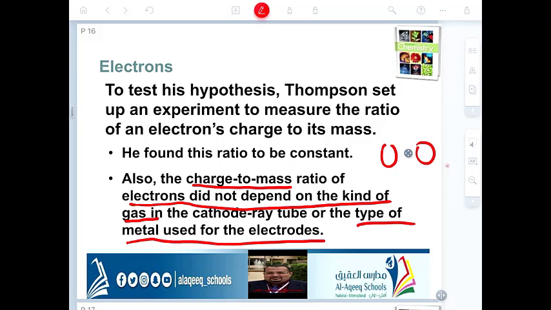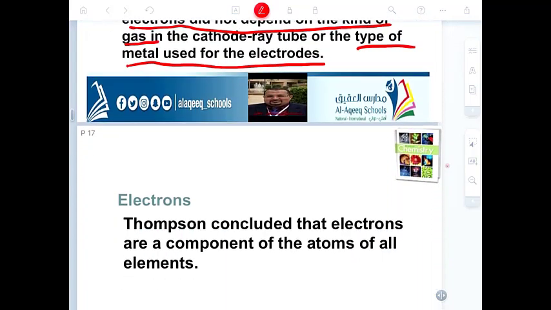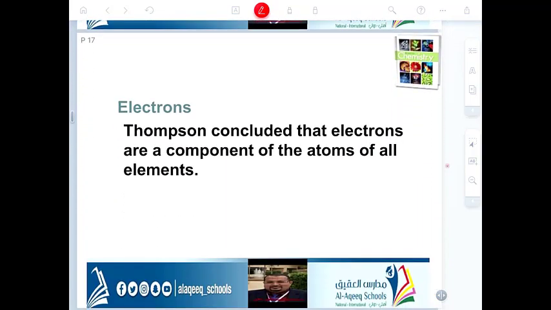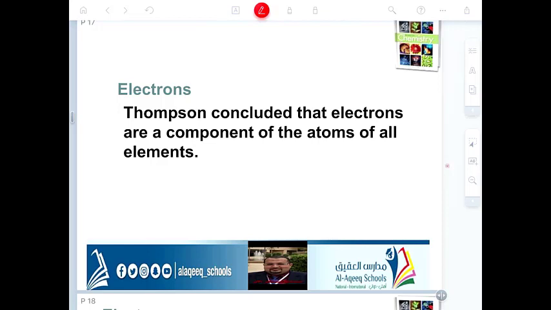Any kind produces the same electron. From all of that, Thomson concluded that electrons are a component of atoms, but not the only component. It's one of the components of the atom in all elements.